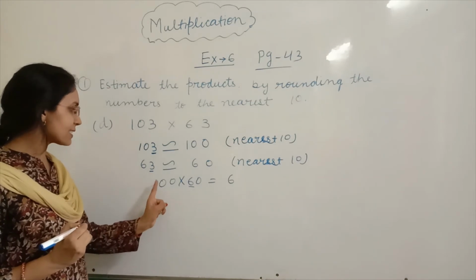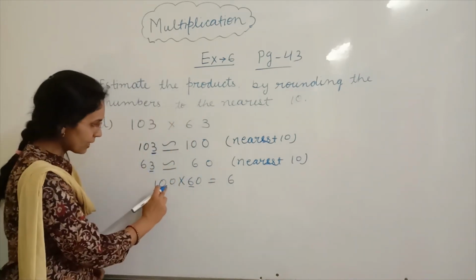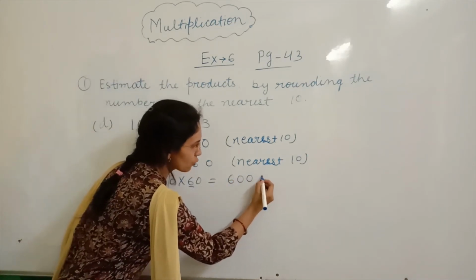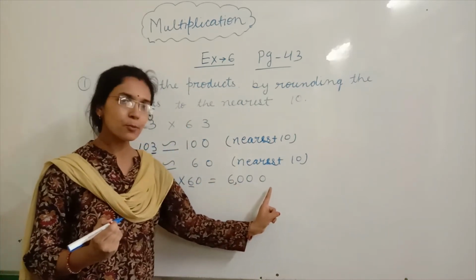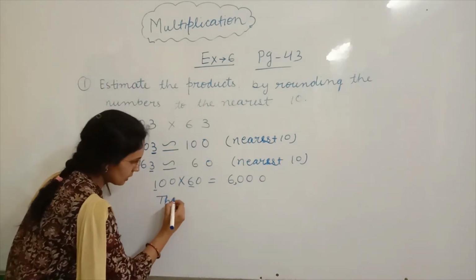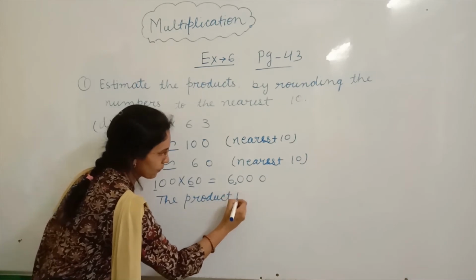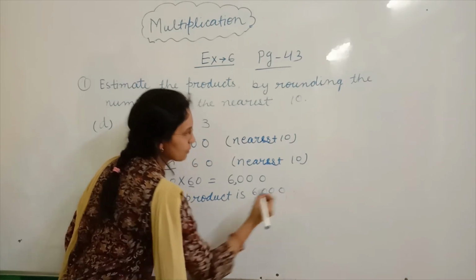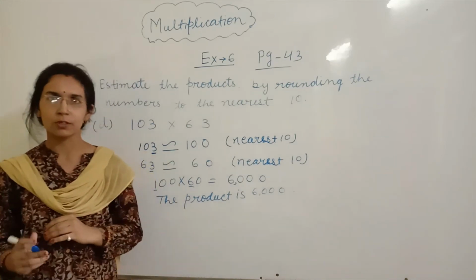And after that just count the zeros and put them to the right of the number. 1, 2, 3. We'll put all the zeros over here. So you are estimating the product is 6,000. Here you will write down the product is 6,000. In this way you can do the other sums of your Maths Time book.